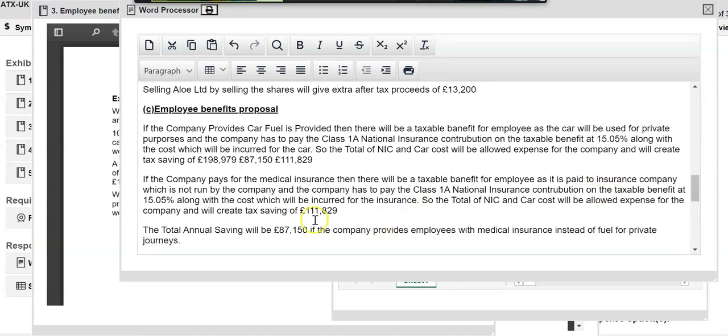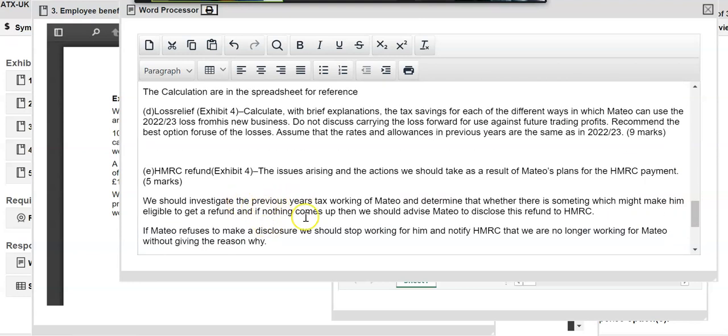Agreed? So this was part C. Now we are left with part D, right?